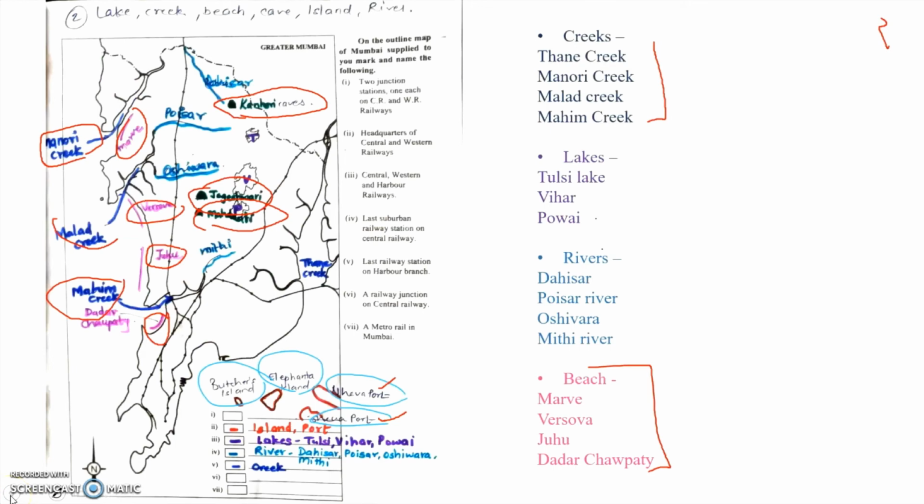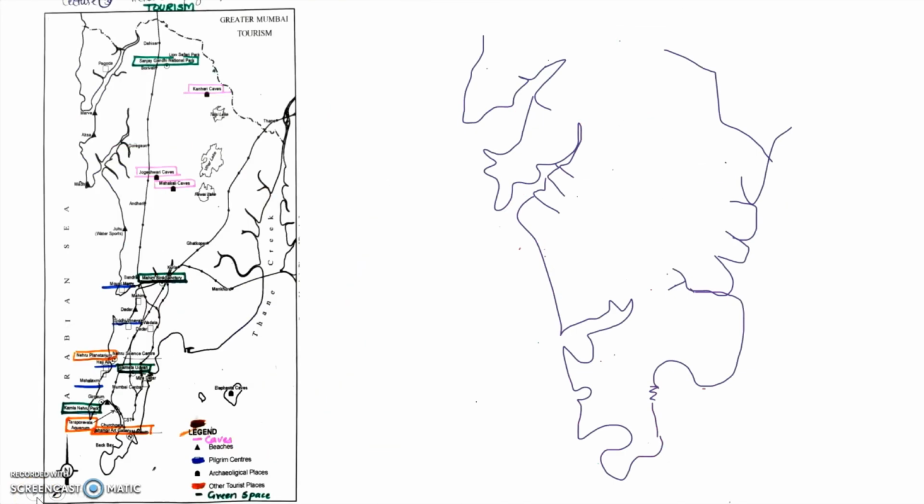Below Jogeshwari Caves, Mahakali Caves. Will you be able to remember this? I guess you will be able to remember this if you solve it with me. Anything that we have missed? Nothing. So we have covered everything. These were your lakes, rivers, creeks, caves and islands.